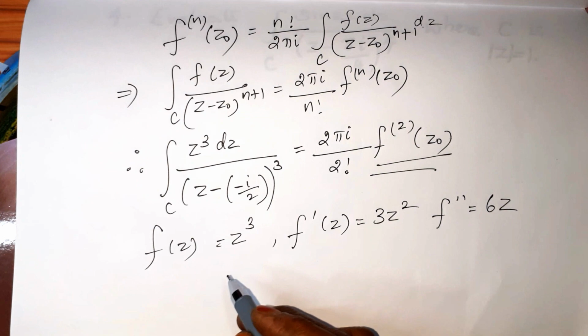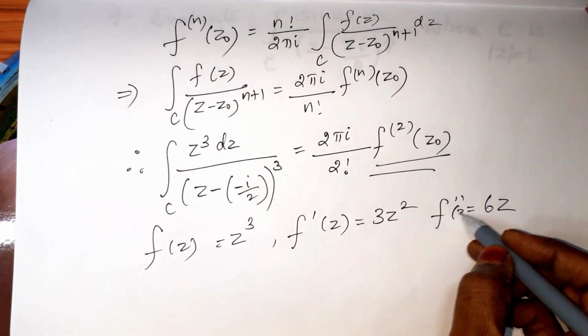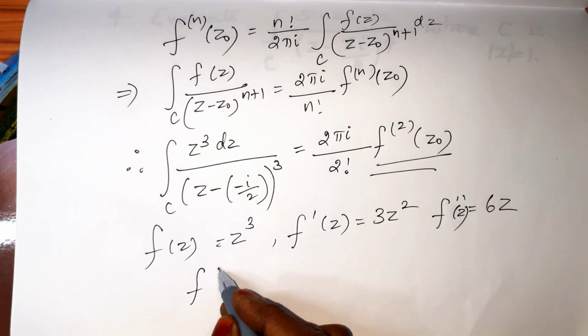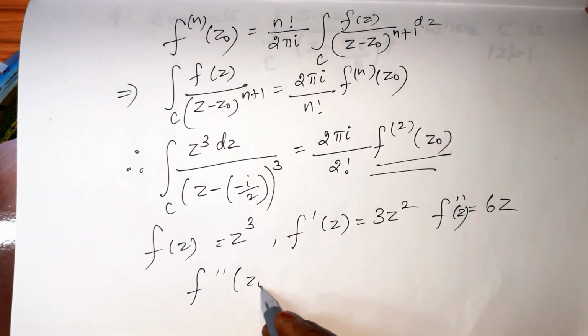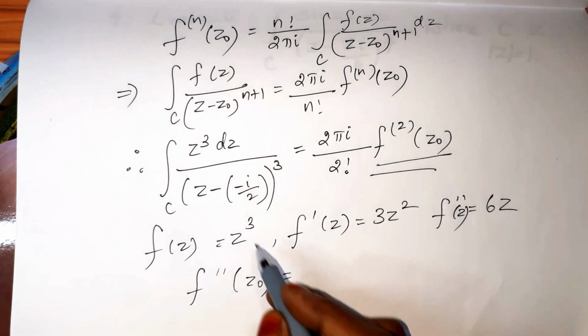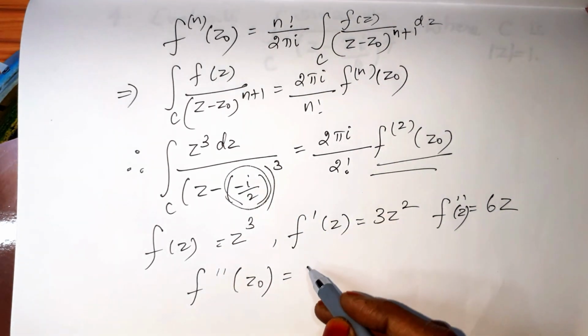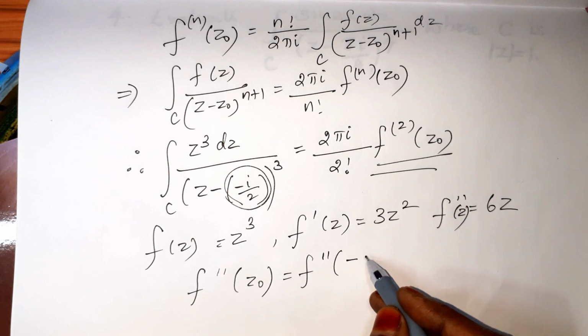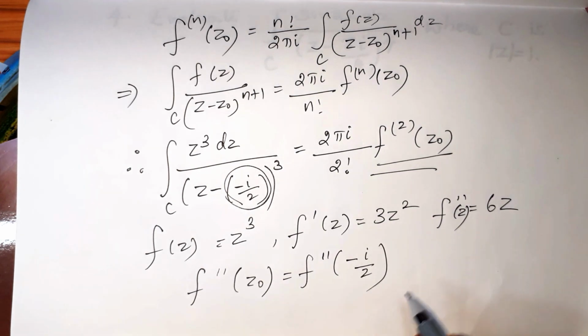Okay, so this is my second derivative. In that I have to replace z by z naught. What is my z naught? Minus I by 2. So f double dash of minus I by 2.